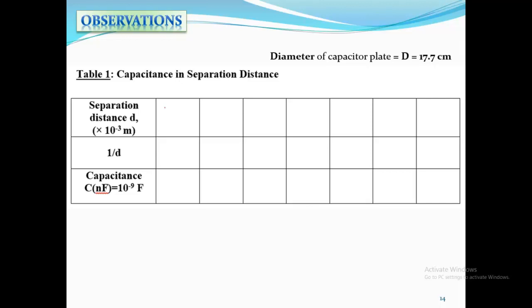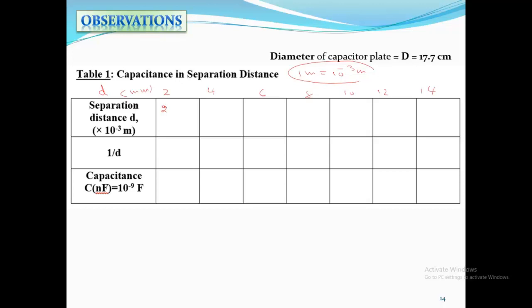I write it here, D in millimeter. Here I use 2, 4, 6, 8, 10, 12 and 14 millimeter. Then I would convert it into meter, because 1 millimeter is equal to 10 raised to the power minus 3 meter. So I have to write it here.